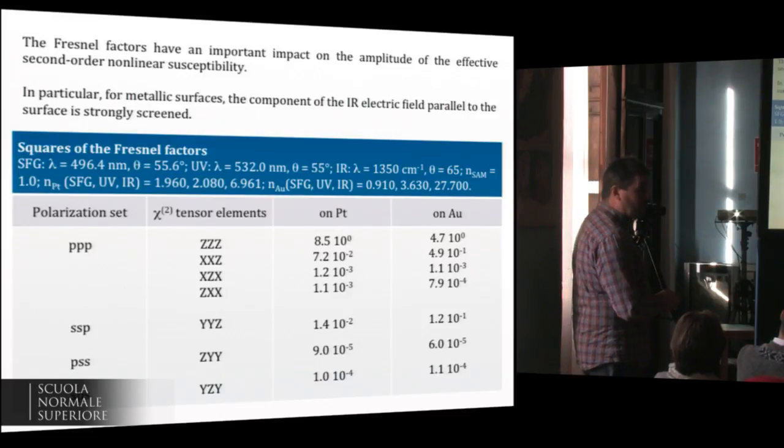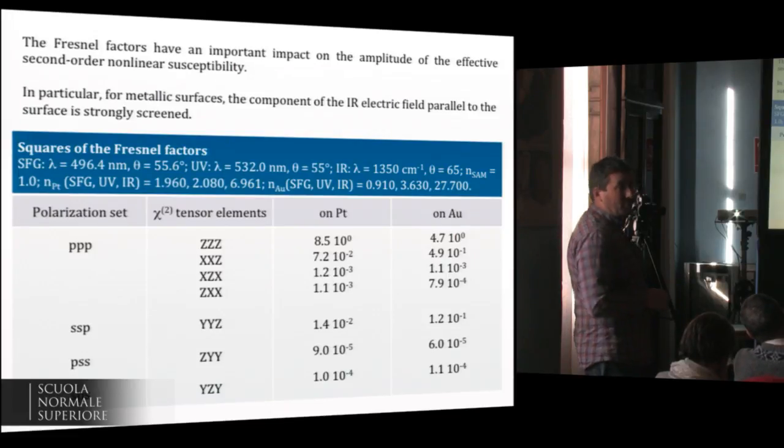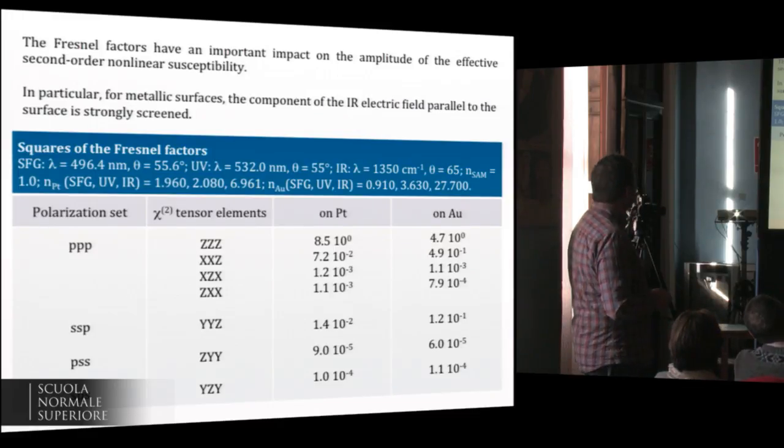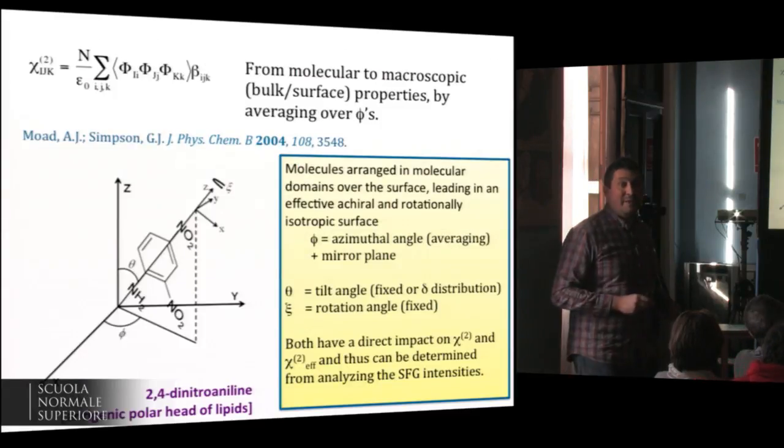So this is important when you simulate this, and also with respect to experiment. In the case of metallic surfaces, most of the spectra that are reported in the literature have been obtained with the PPP polarization set, because for the other ones you have small Fresnel factors. So this is for the beginning.